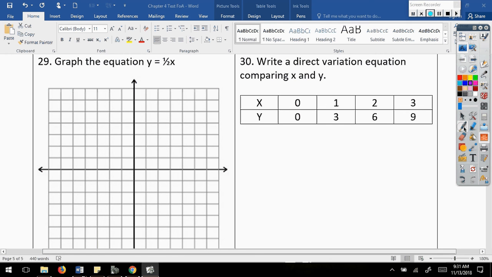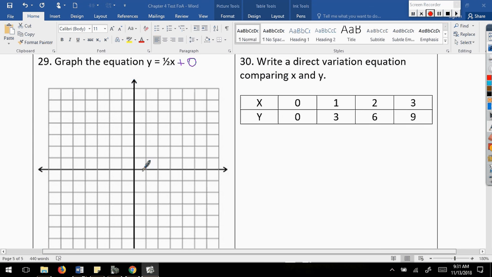Okay, so for number 29, what I need to do is first plot the y-intercept, which is 0, and apply the slope. So the slope is 1/2, which means I'm going to go up 1 and over 2. Okay, I'm going to connect from there.